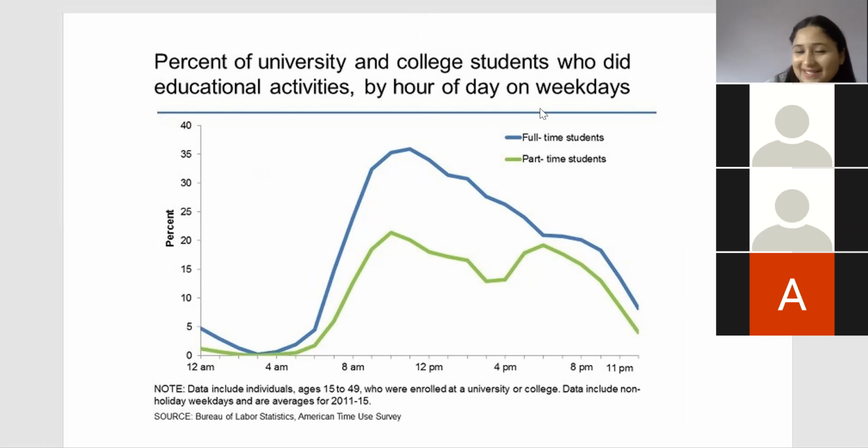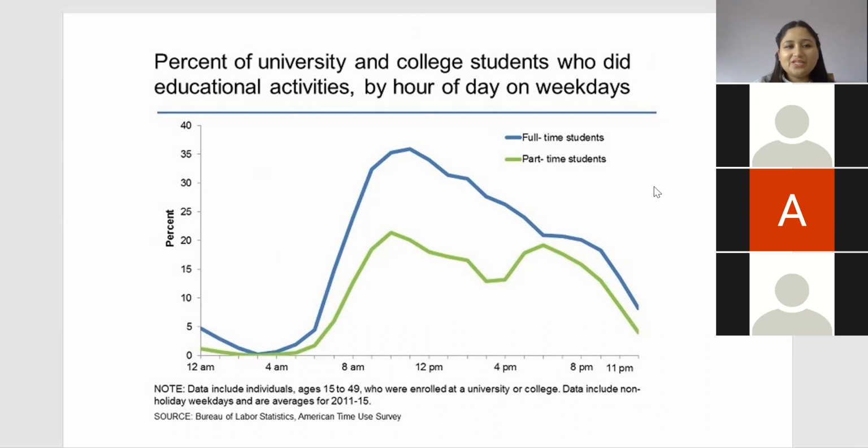All right, okay, guys, this is the last image for the day. You see here, this is a line graph showing the percent of university and college students who did educational activities by hour of day on weekdays. Two lines represent full-time students and part-time students.